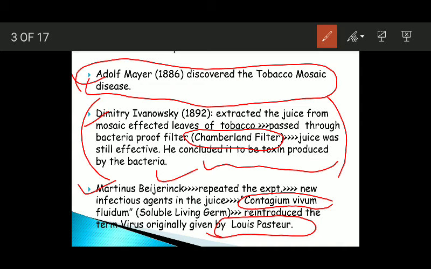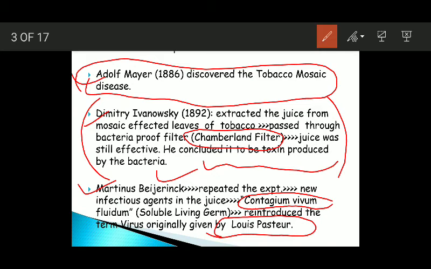Beijerinck repeated the experiment and found that the new infectious agents in the juice are not bacterial toxins. He named them Contagium vivum fluidum, soluble living germ, and he reintroduced the concept of viruses, which was originally given by Louis Pasteur.